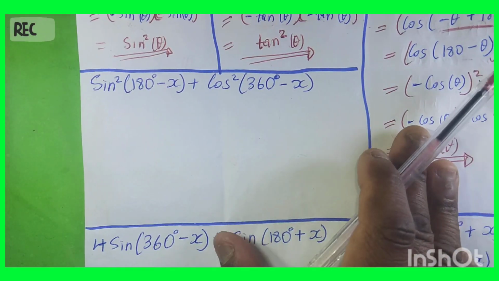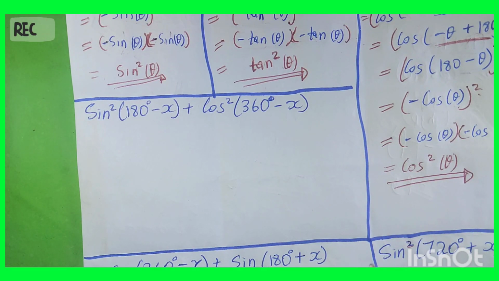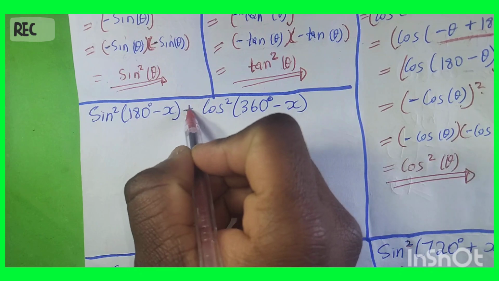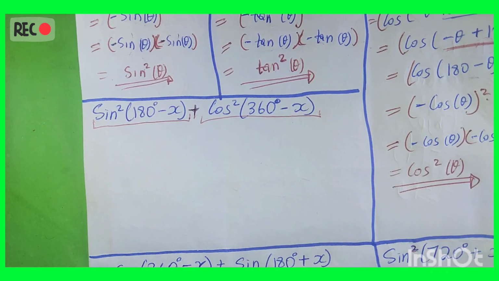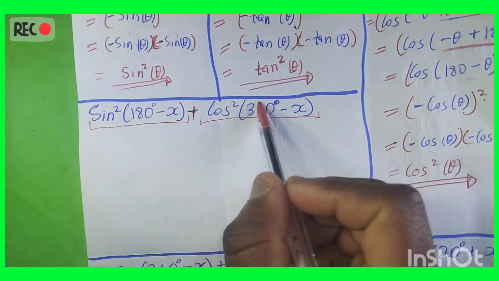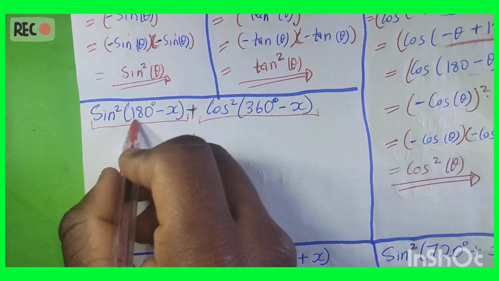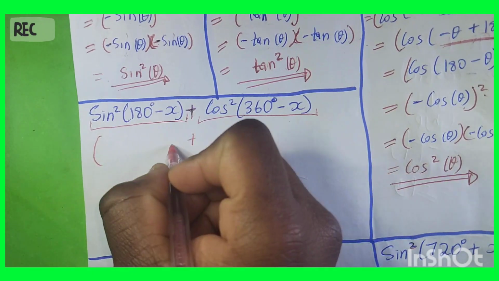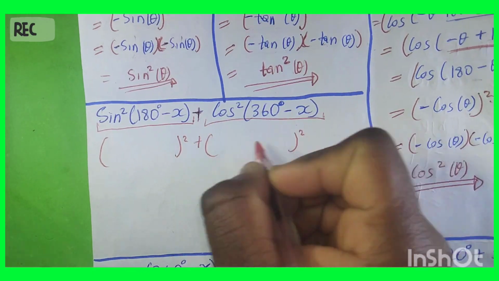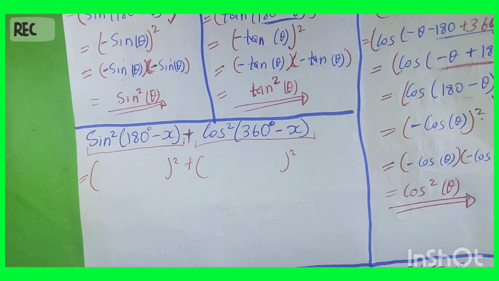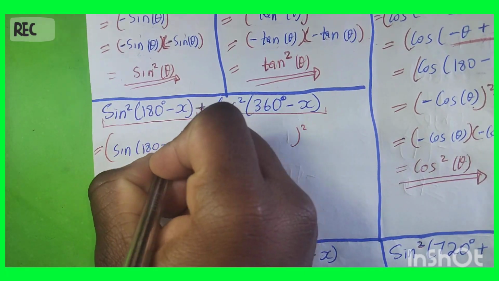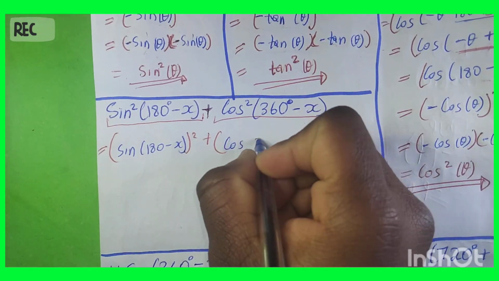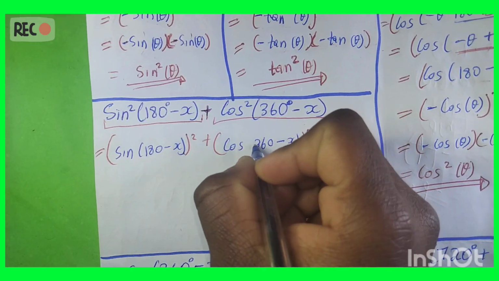So now let me come to these long expressions. So these long expressions, guys, we have that plus there. It means that we have two terms, the first term and the second term. So now what I should do is simplify. Let me start with this term there. Simplifying that term, actually both of them I can simplify. I can just take that 2 outside like this, and I can write this thing inside here, minus x, even as well as this one, 360 minus x.